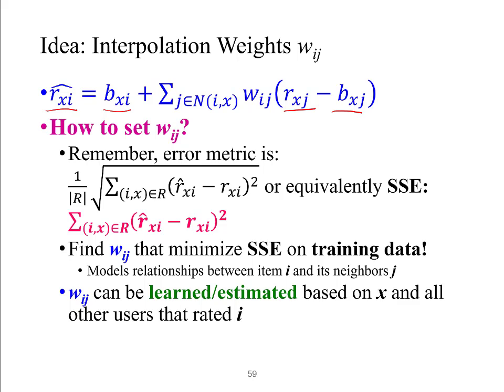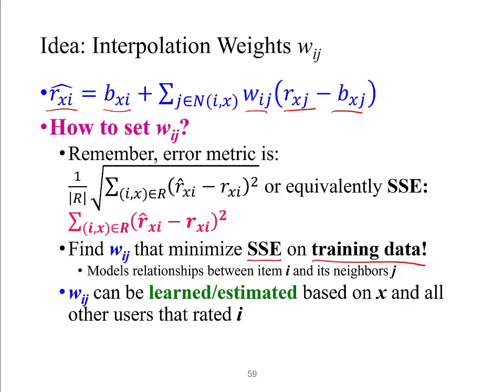So the only thing that is unknown is this Wij. And also remember, the error metric is the RMSE, or equivalently SSE, where we don't need to compute the mean and the square root. So the idea here is to find Wij that minimizes SSE on training data, because we don't have the testing data.